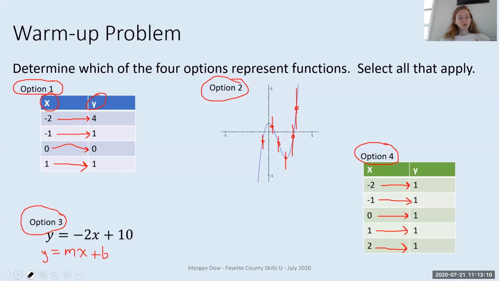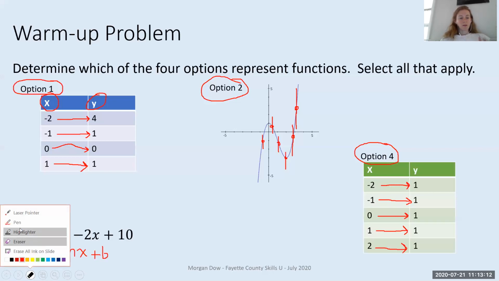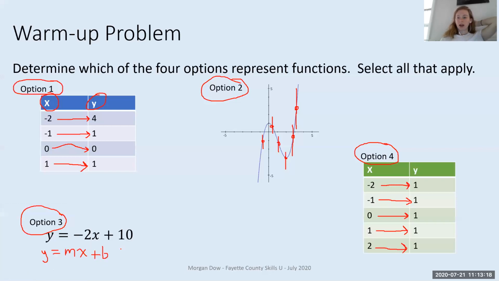And you don't want to be tripped up by the fact that all of these inputs have the same output. That's fine. They can all have an output of 1. What's important is that each input only goes with one output. And if we were to make a graph of this, we'd have our x and y axes, so it's our y-axis and our x-axis.